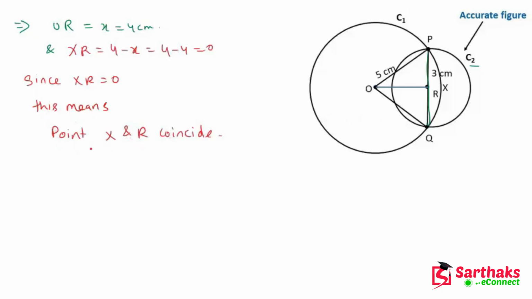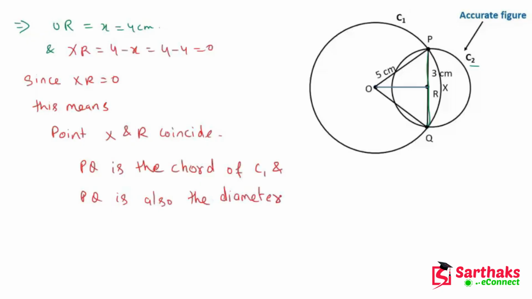So we can say that PQ is the chord of circle C1 and PQ is also the diameter of circle C2. So I hope, my dear friends, you understand these things. So here we can write hence proved. Okay. So my dear friends, this is the proof of this theorem.